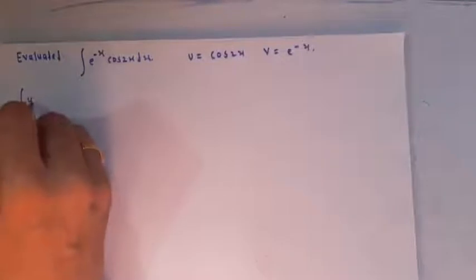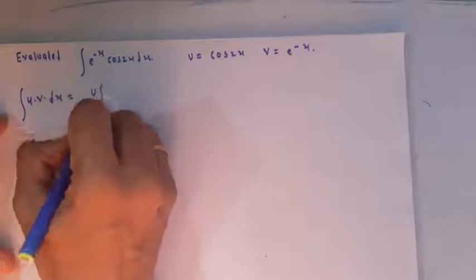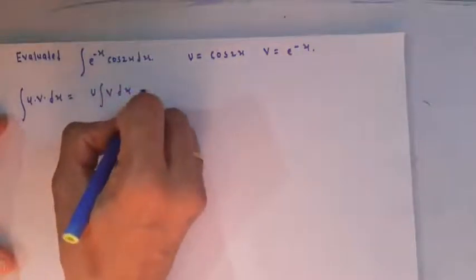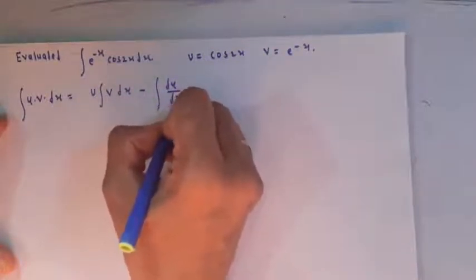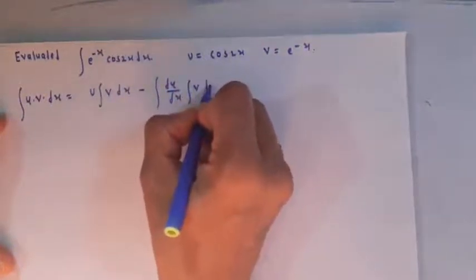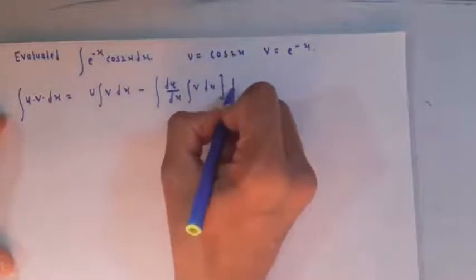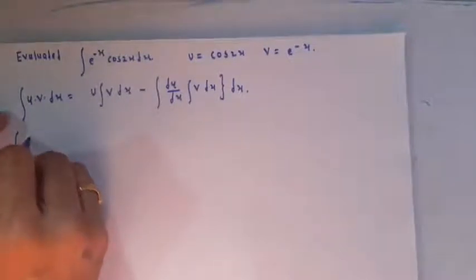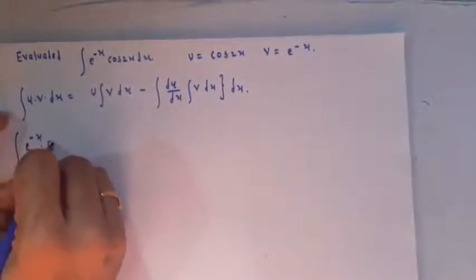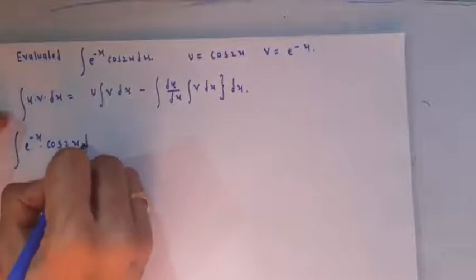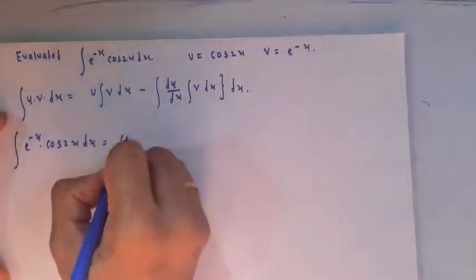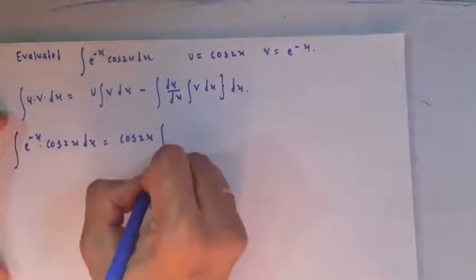Now by using the by parts theorem, that is, integration of u into v with respect to x equals u times integration of v with respect to x, minus integration of differentiation of u with respect to x times integration of v with respect to x, and whole integration with respect to x. So here integration of e raised to minus x cos of 2x with respect to x equals cos of 2x outside the integration.